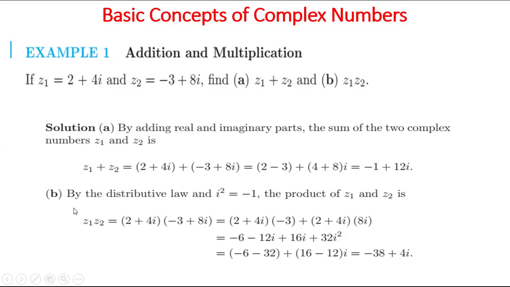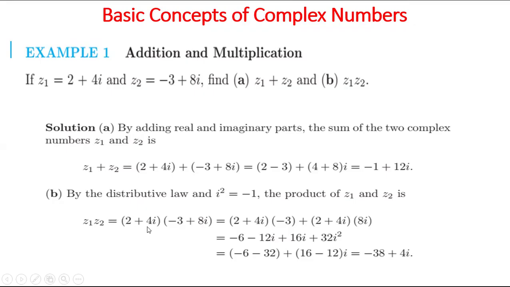Coming towards the next part, that is b, as per the distributive law, iota square equals -1. In product form, we can see how z1 and z2 will look. For the multiplication of complex numbers, we need to understand that we have complex number z1, 2 plus 4 iota, into -3 plus 8 iota.